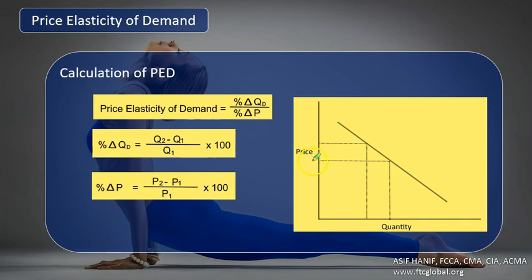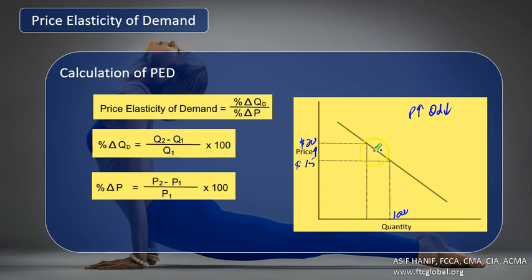So let us first try to apply the concept in some real situation. Let's say we have the original price of a certain commodity, $15, and at this price the quantity demanded was, let's say, assume 1,000. When the price is increased from $15 to, let's say, $20, we know when the price is increased, it will result in lower demand, contraction.